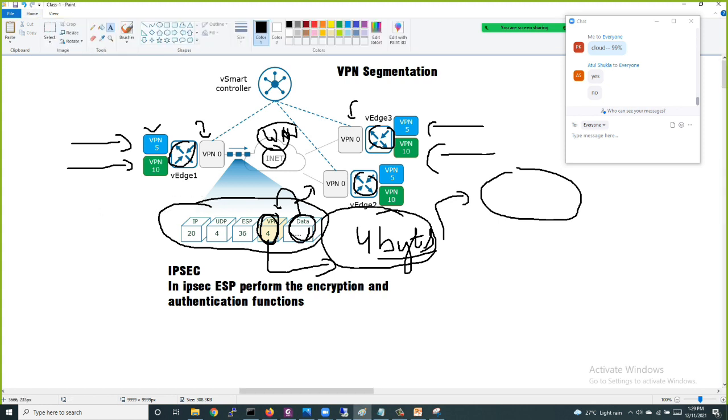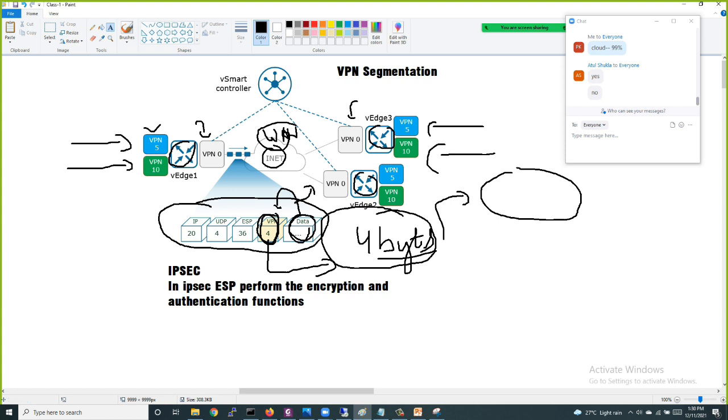So we have different VPNs, VPN 5, VPN 10, and the same VPNs will communicate with each other, right? Service side VPN simply means on your VH devices, wherever you connect your LAN interface, that particular interface will be part of some service VPN, right? So all your LAN side will be part of service VPN.